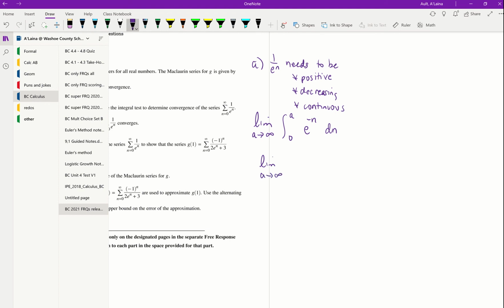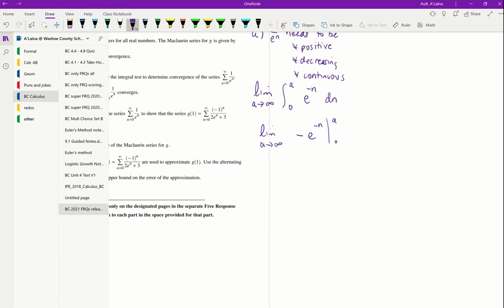So e to the n is its own integral, but negative n has a derivative of negative 1. I need to divide by that. So this would be negative e to the negative n evaluated at a and 0. So this would be the limit as a approaches infinity of negative e to the negative n, which is 1 over e to whatever power, so I'll plug in an a, and 1 over e to the power of 0.